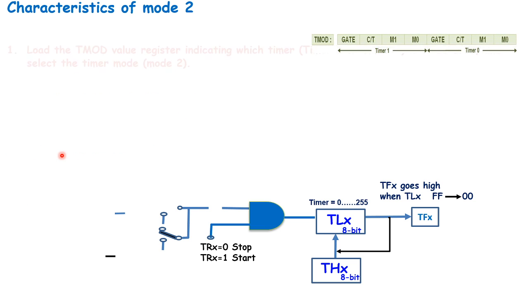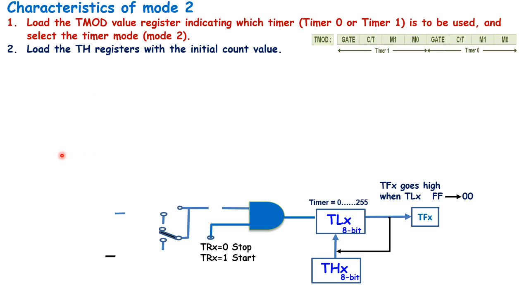Now the characteristics of timer mode 2: load the TMOD register value to indicate which timer, 0 or 1, is to be used, and select timer mode 2, that is auto reload mode, using this TMOD register format.